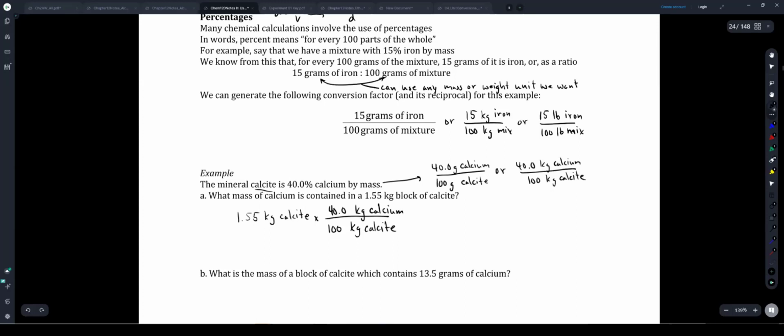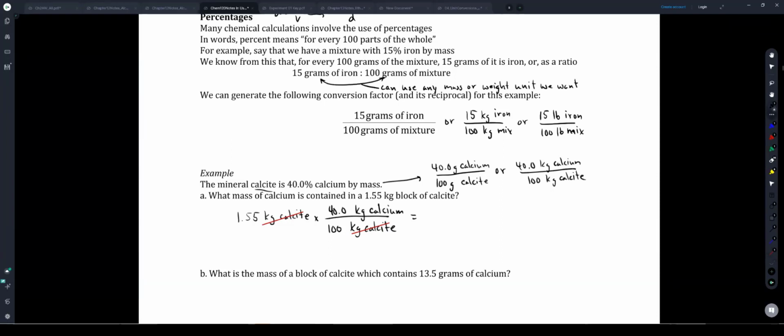That's what that means. So kilograms of calcite cancels with kilograms of calcite and leaves you with kilograms of calcium.